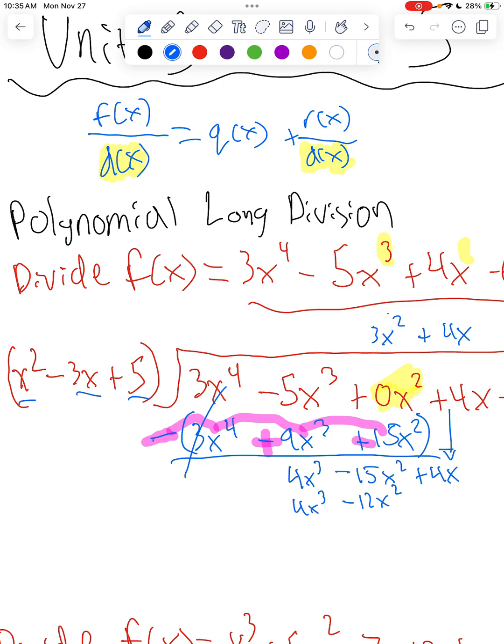And then the last part is 5 times 4x, which is 20x. Because I'm subtracting, I have to distribute that negative here, here, and here. When I simplify, 4x to the third cancels out. Negative 15 plus 12 is negative 3x squared. This is really subtracting 16x.